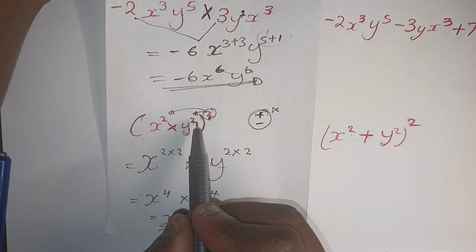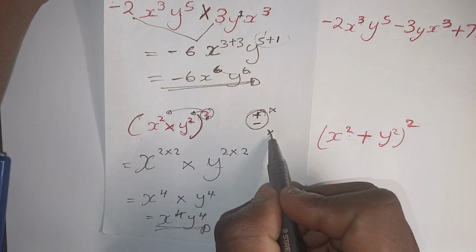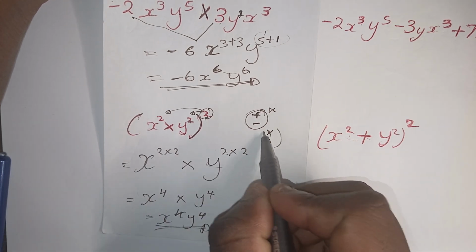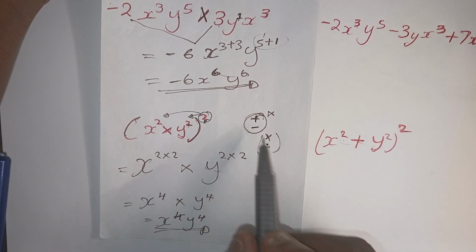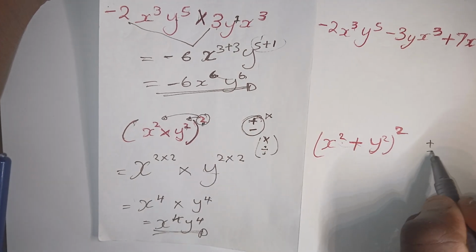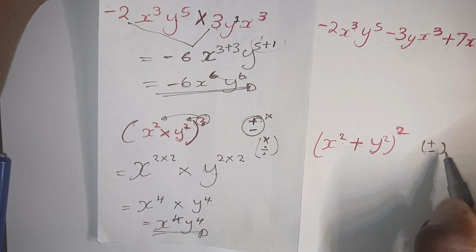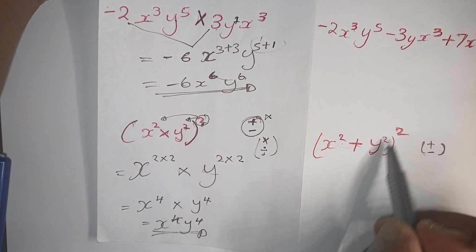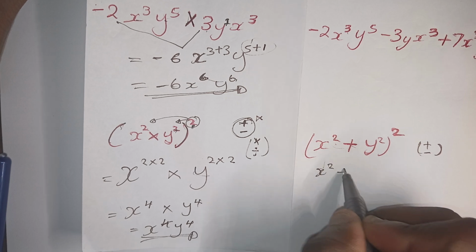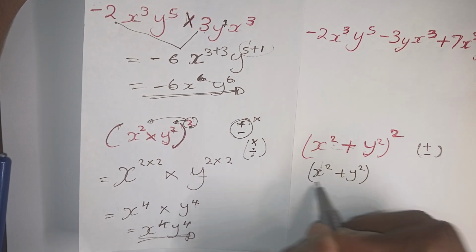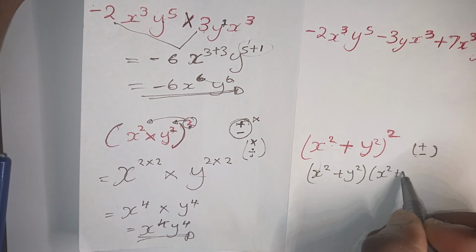You only apply this law if there is multiply or divide inside the bracket. Because if there is plus or minus inside the bracket, you should know that the exponent outside represents what is inside. It means that it's x plus y.